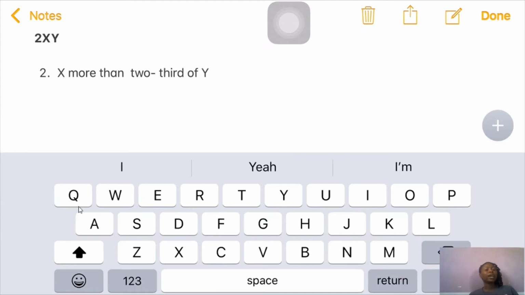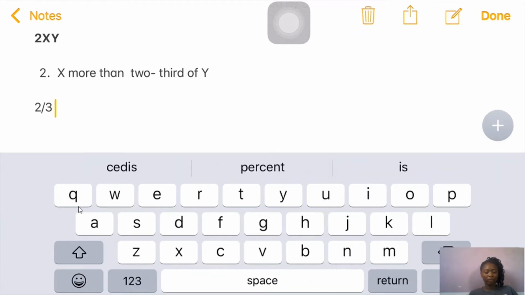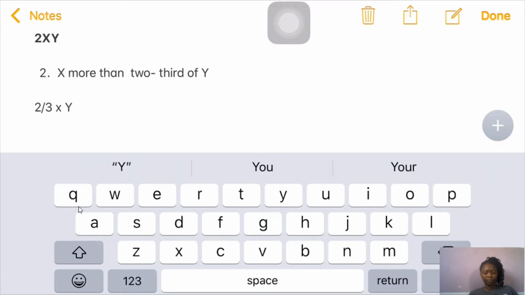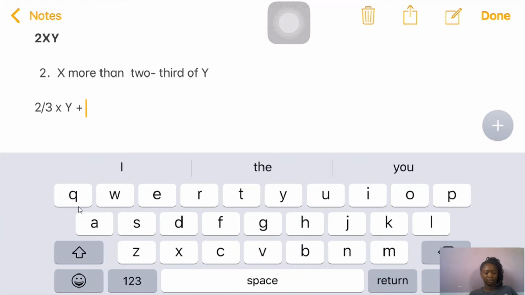So first of all, x is more than 2/3 of y. So x more than, we are adding x to 2/3 of y. That is what this means. So 2/3 of y means 2 out of 3. Of means times. That's why I said every word matters in algebraic expressions. So 2/3 of y, x more than this. So meaning plus x.